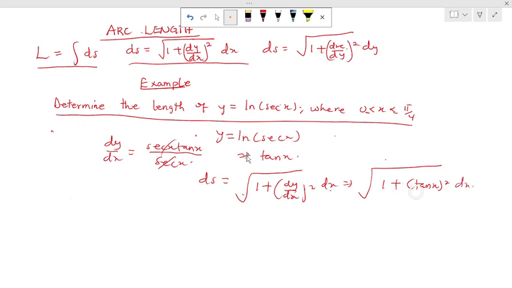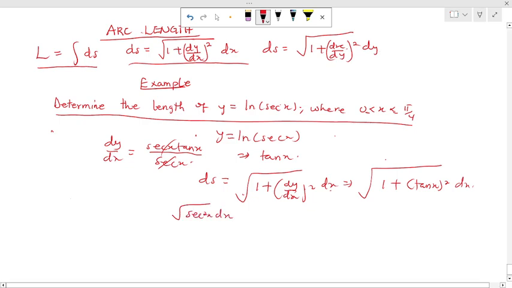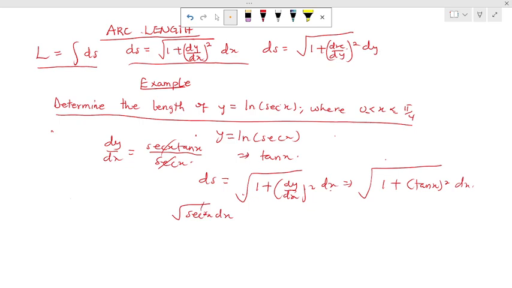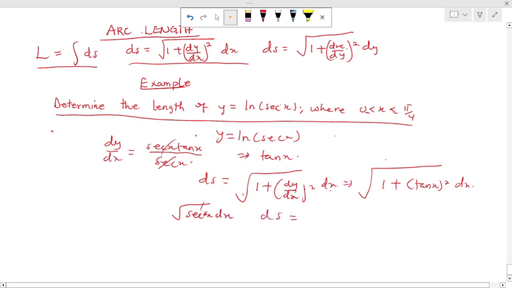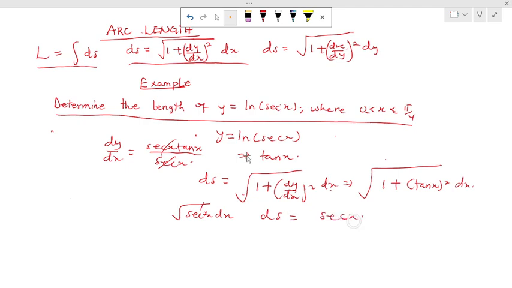Now what is 1 plus tan squared x? You realize that there is an identity that 1 plus tan squared x is the same as sec squared x. So I replace my expression with sec squared x dx, and obviously my square will cancel my square root, and I'll get my ds to be equal to sec x dx, right? Once you have this, you are done.